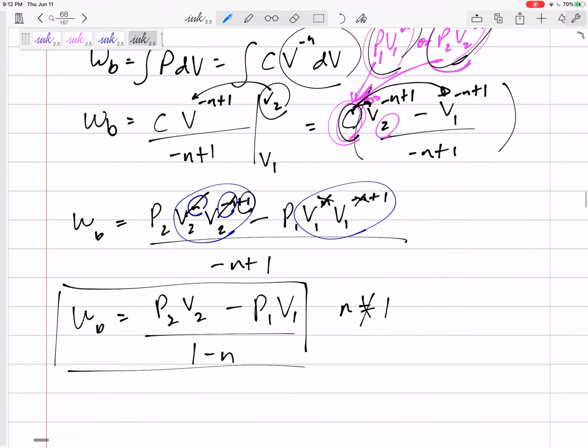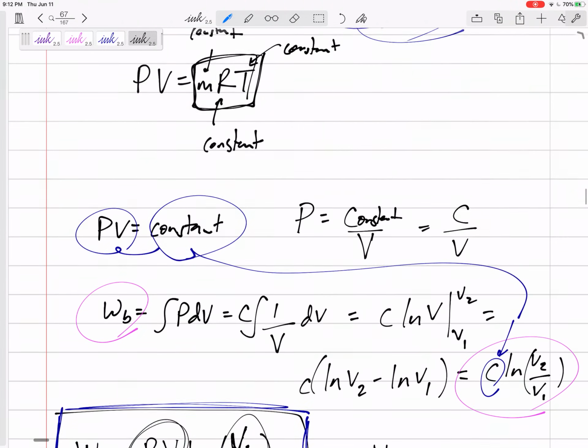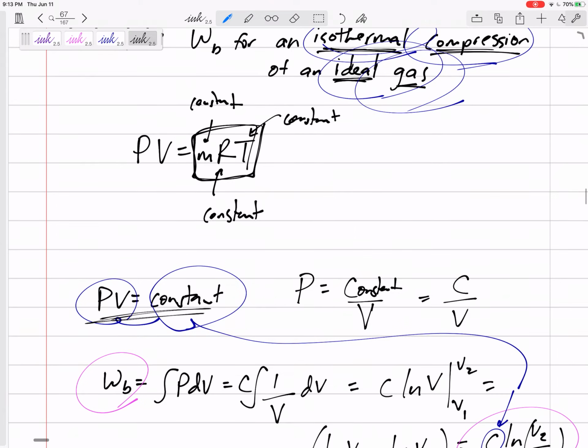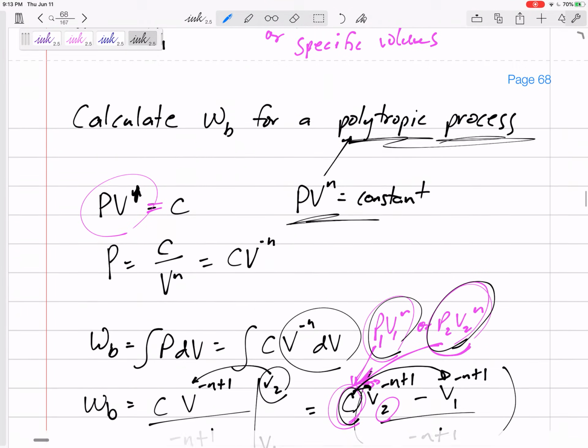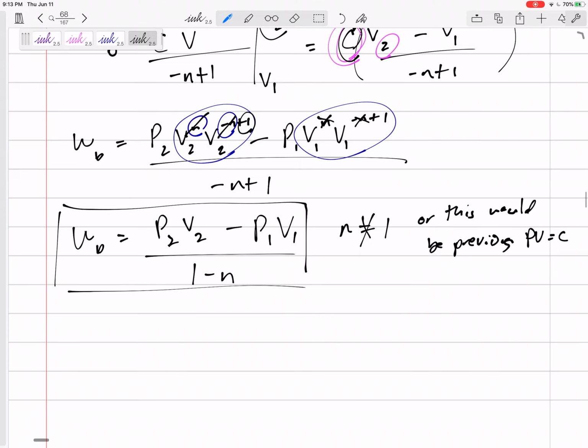We can't do that. But if N is equal to 1, then this is the previous process. So N is not going to be 1, or else this would be the previous PV to the 1 is equal to constant.